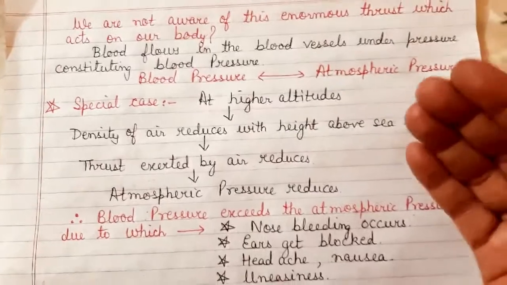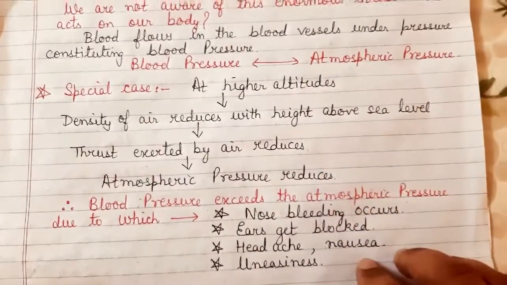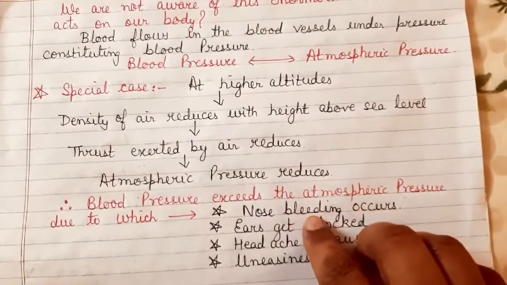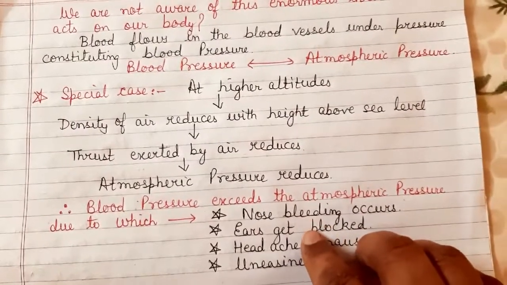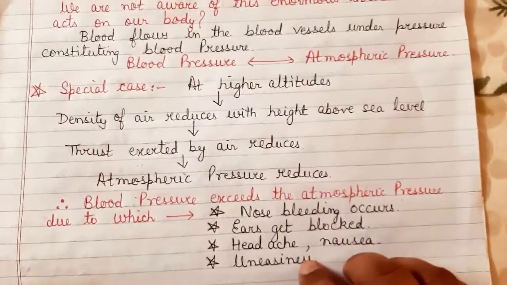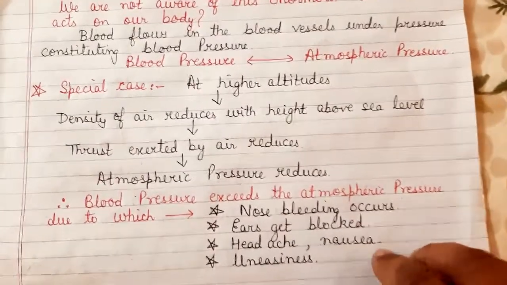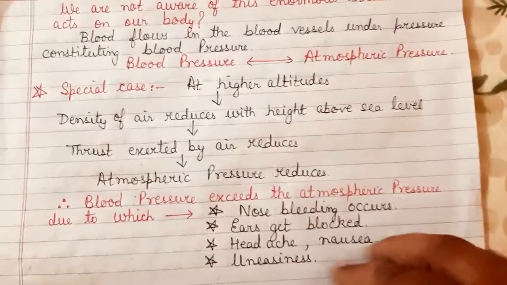So due to this, we may face the following symptoms. That is, our nose might bleed, our ears will get blocked, we will have a headache or nausea, and we will feel uneasy. All these symptoms are faced by you when you move to higher altitudes.